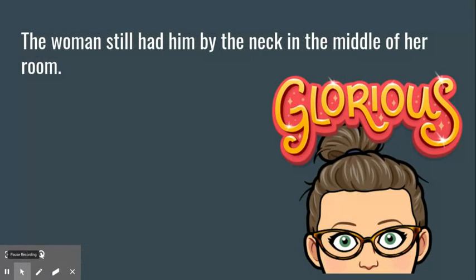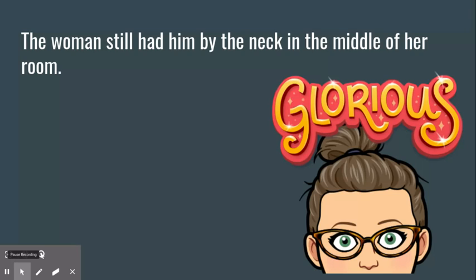Let's consider another sentence from the text. The woman still had him by the neck in the middle of her room. What is the verb? Let's see what information has been added to the verb. What question does still answer? What question does by the neck answer?